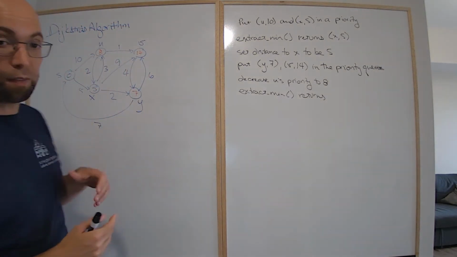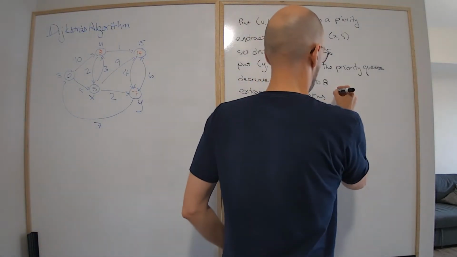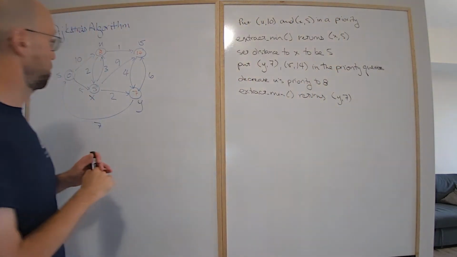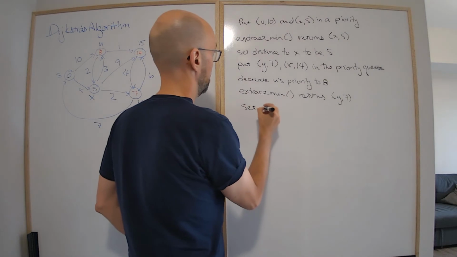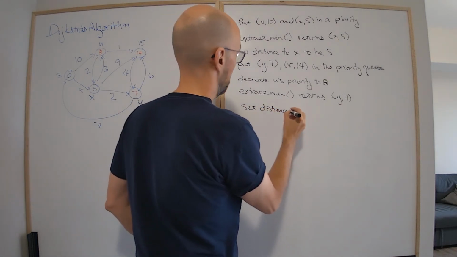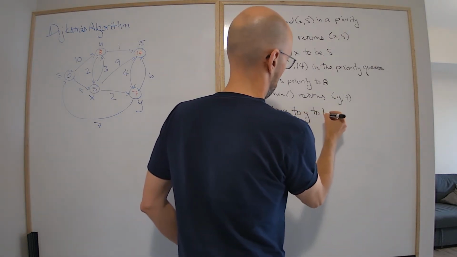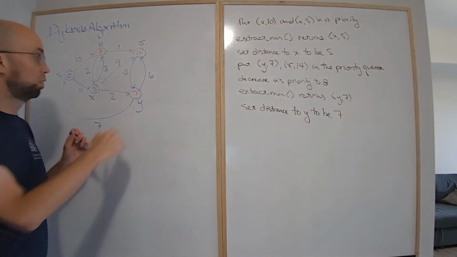Your scouts arrive at Y. So it returns Y7. So you set distance to Y to be 7. So this becomes blue.